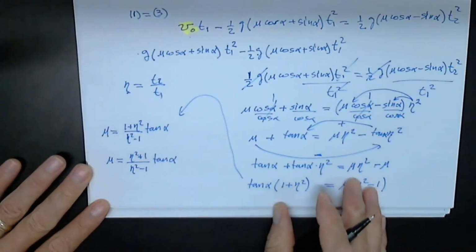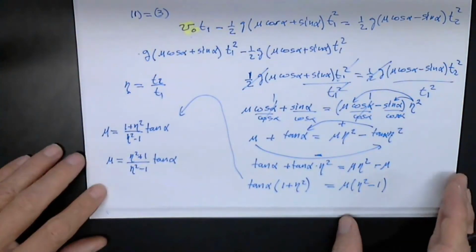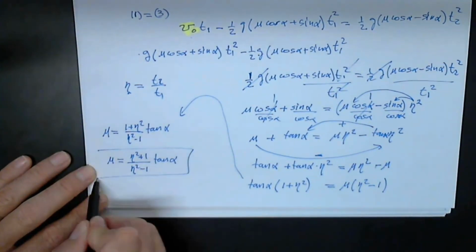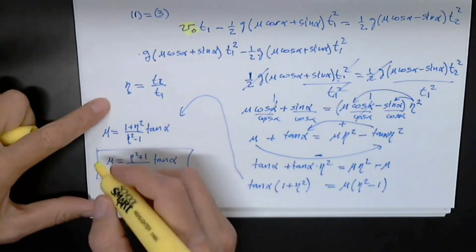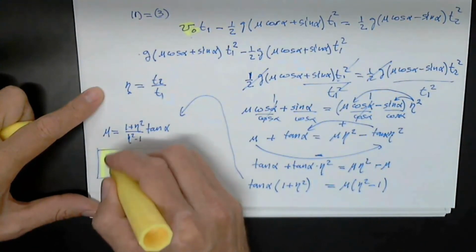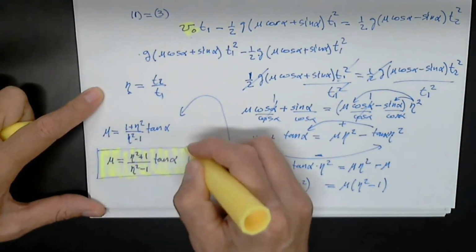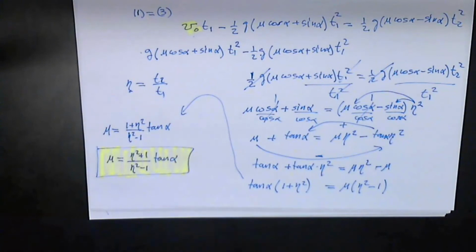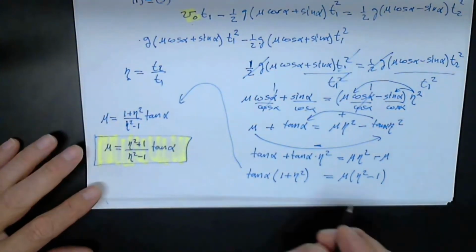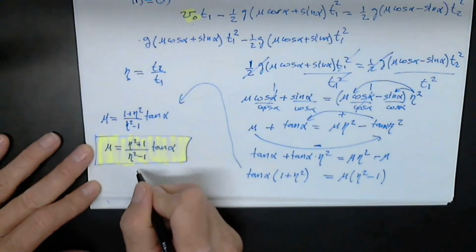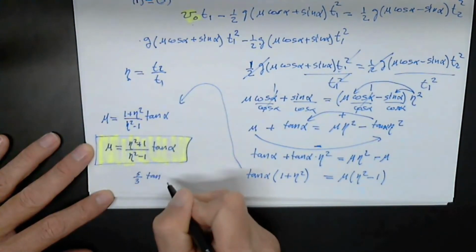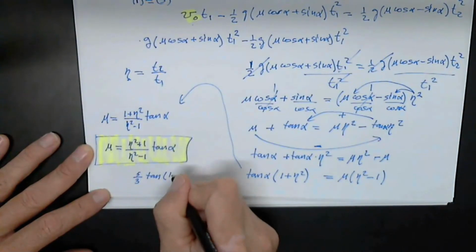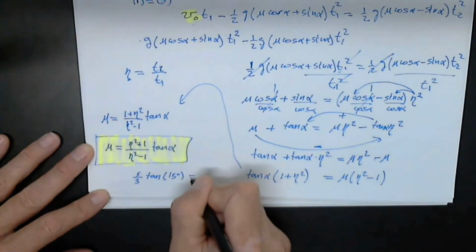I think they have it in the answers like this. And you know what alpha is? Mu squared is 2. So let's check. So it's 5 over 3 tangent of 15.